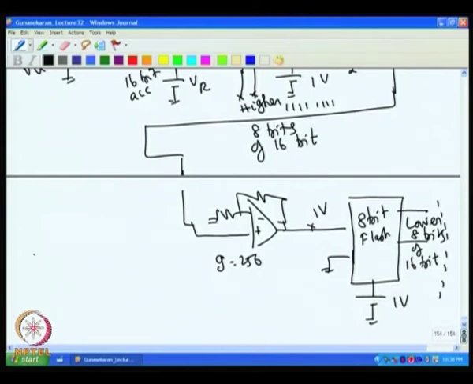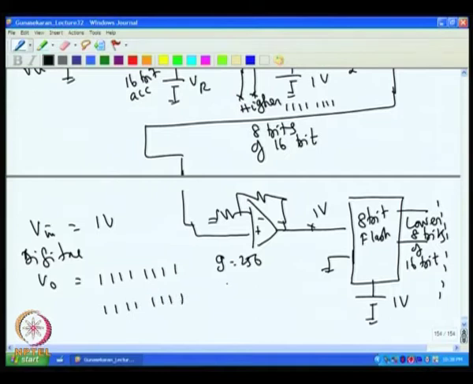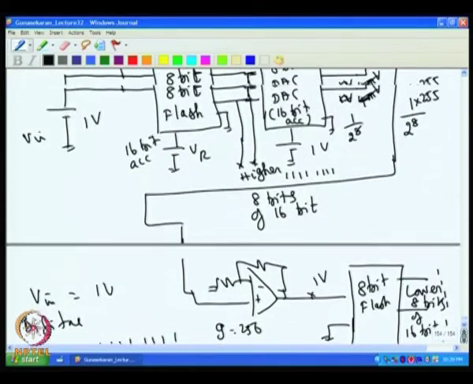So, essentially you give V input as 1 volt, and the digital output comes with all the lower 8 bits high and the upper 8 bits also all high. So, that way with a smaller number of comparators and resistors, one can get the required 16 bit converter.